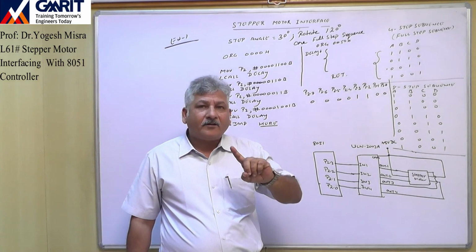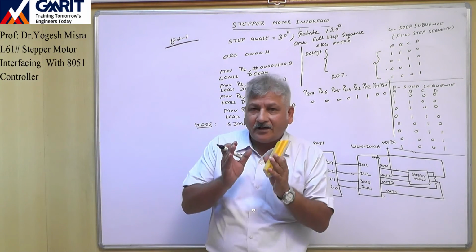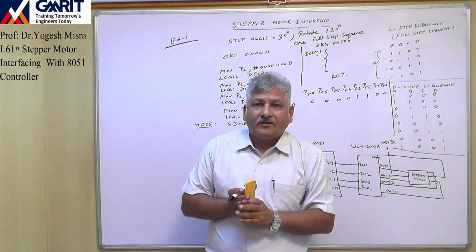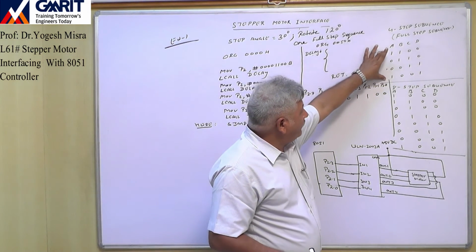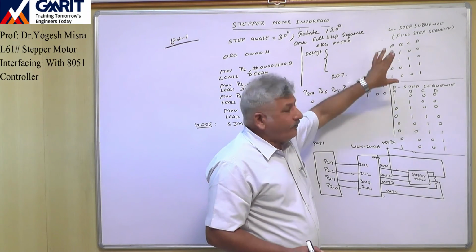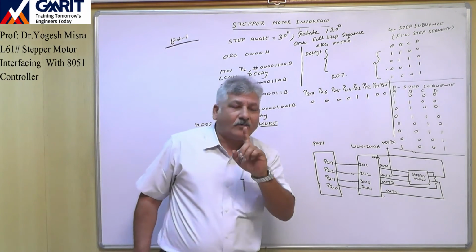So to rotate 360 degree, we require 3 such 4-step sequences. This one sequence will rotate the motor 120 degree, so if we give 3 sequences, the motor will complete one full revolution.